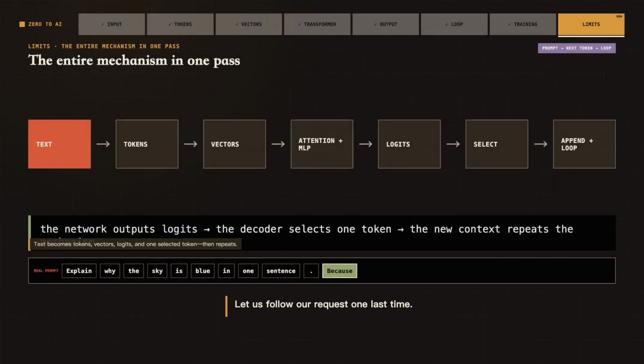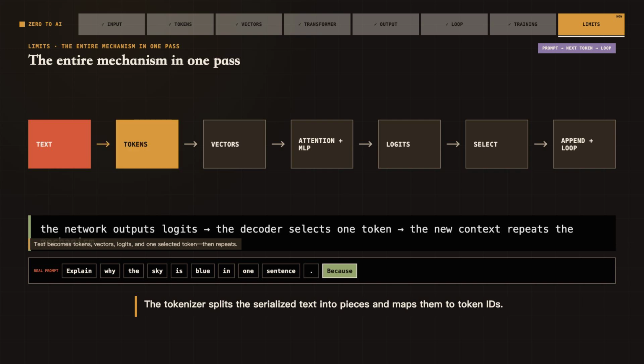Let us follow our request one last time. You type, "Explain why the sky is blue" in one sentence. The chat product combines that request with role markers, system instructions, and any permitted context. The tokenizer splits the serialized text into pieces and maps them to token IDs.